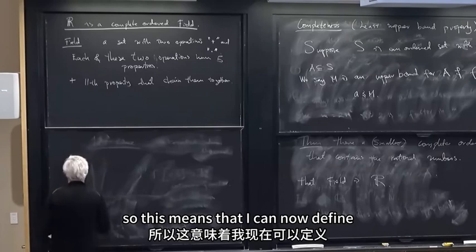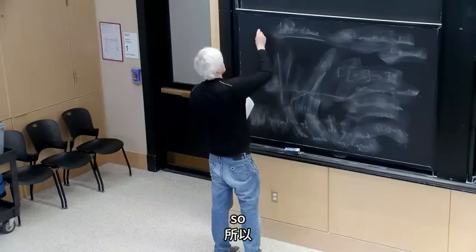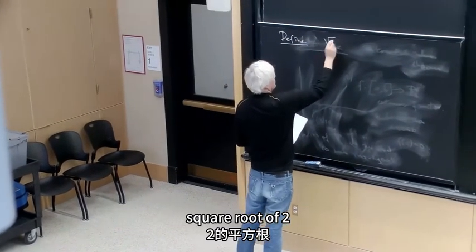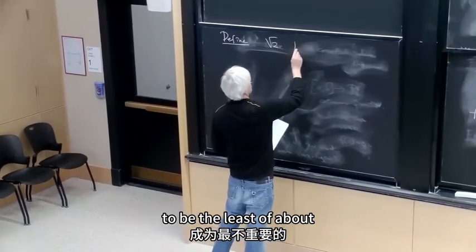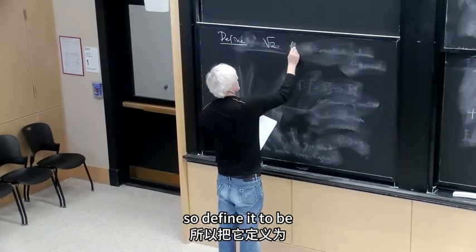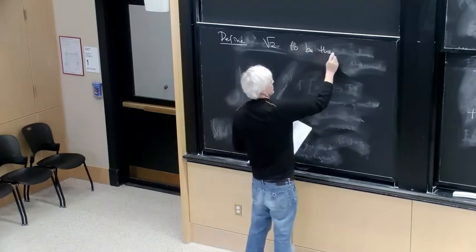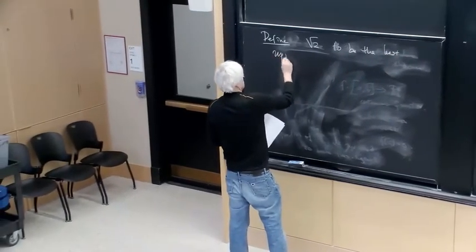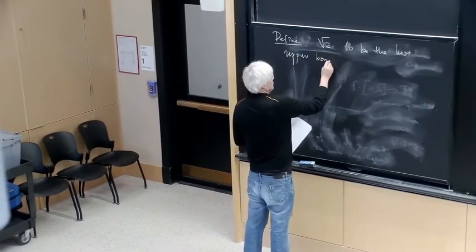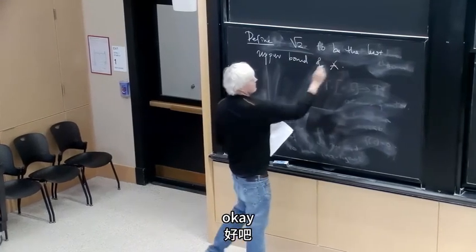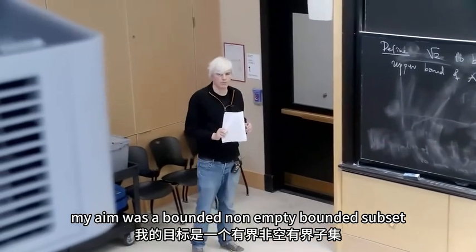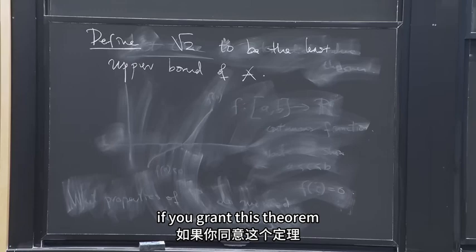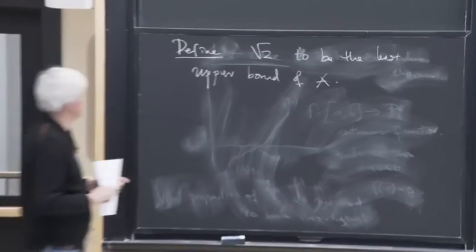So this means that I can now define square root of 2 to be the least upper bound of A. A was a non-empty bounded subset. So because we are in the reals, if you grant this theorem, then there is a least upper bound.